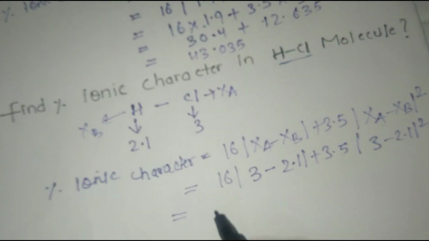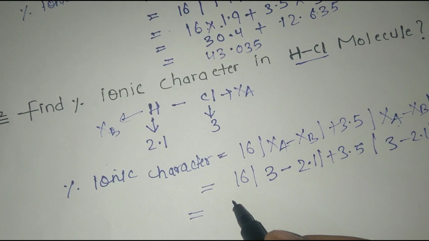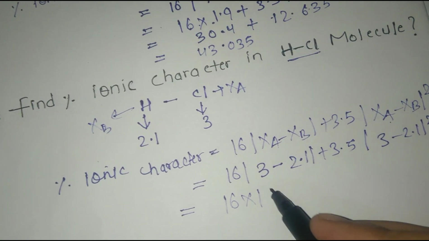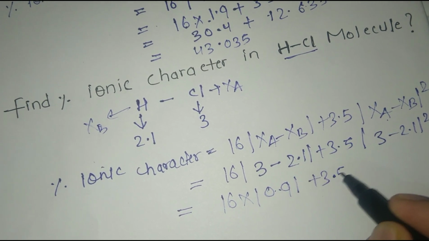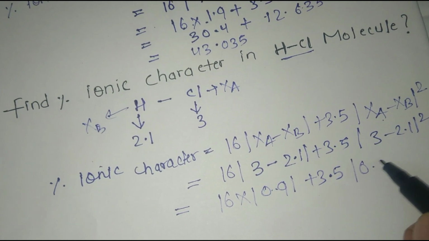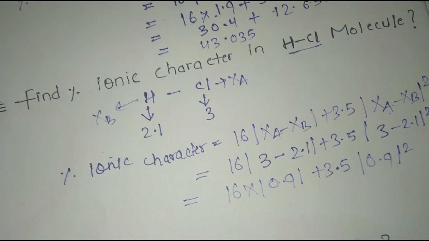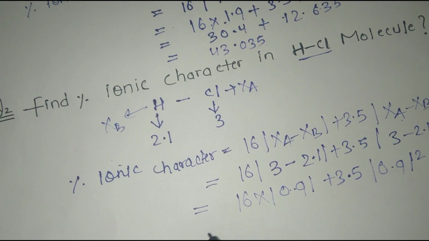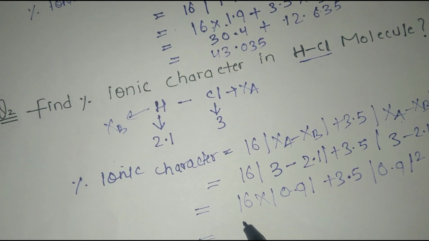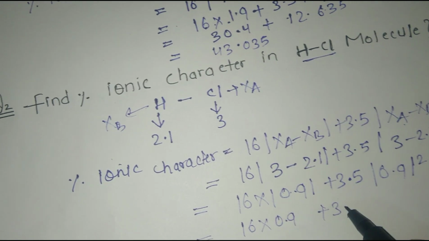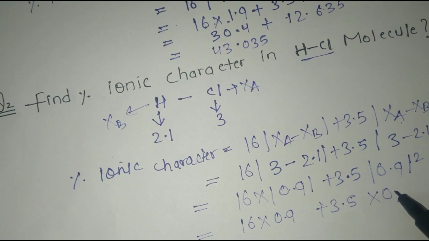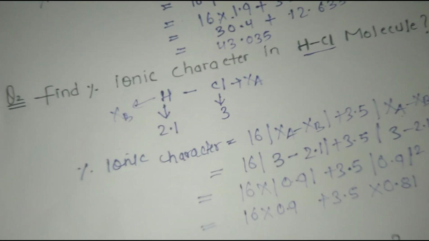When you calculate, this will come out to 16 into mod 0.9 plus 3.5 into mod 0.9 power 2. Solving it, 16 into 0.9 plus 3.5 into 0.81.